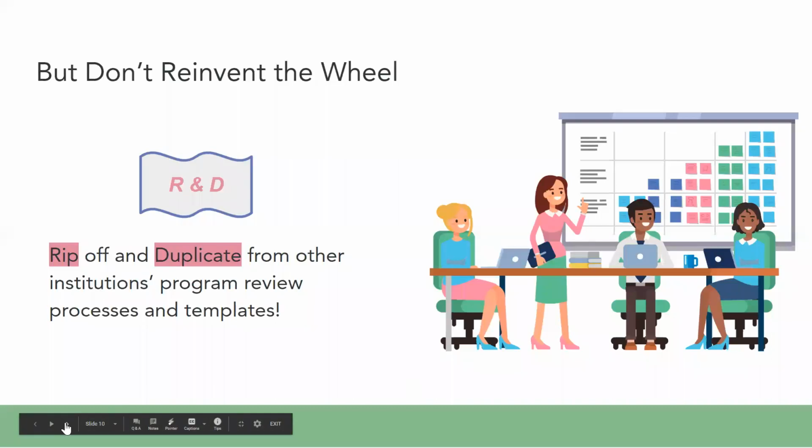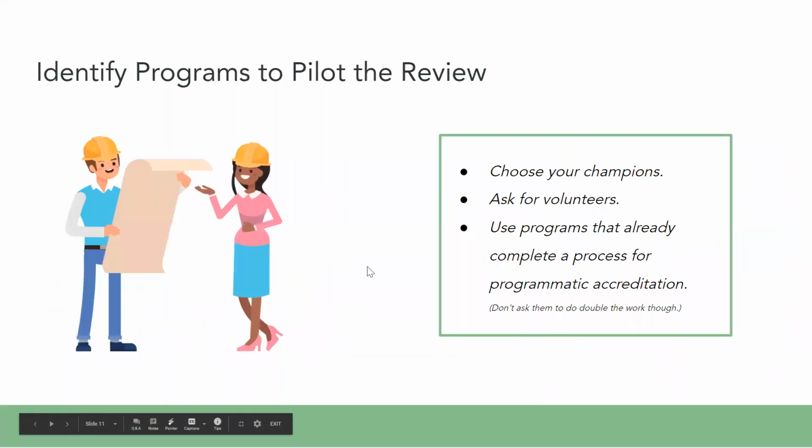A couple of other tips are, start with your assessment champions. And we say this often in our business. That's not anything new that I'm sharing. But in this particular case, as you're trying to roll out a new process or use a new template, this is really kind of a political move on your part, or a public relations strategy to make program review look good during the first cycle.